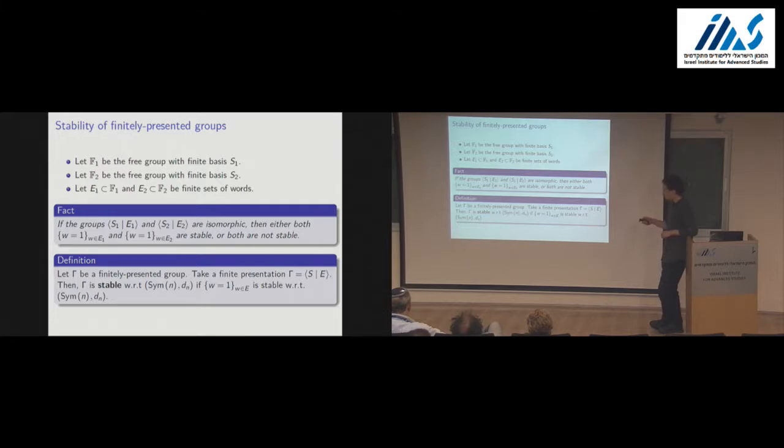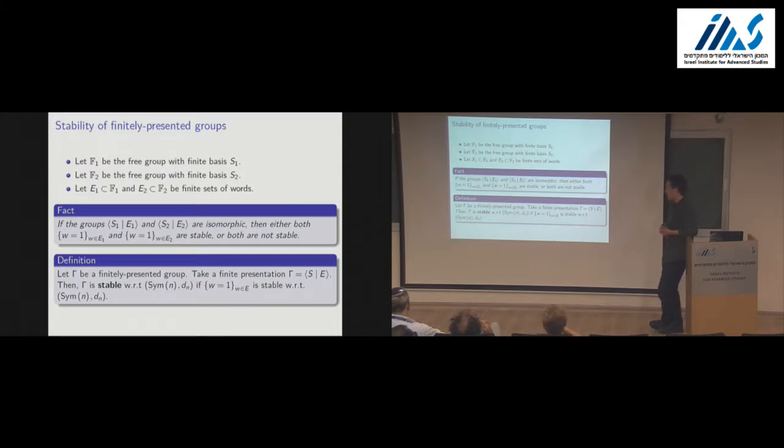Then there is an elementary fact, which I will not prove now: if the group presented by generators S1 with relations E1, and the group presented by generators S2 with relations E2 are isomorphic as abstract groups, then either both these systems are stable or both are not. So it makes sense to study them together. Somehow these two systems of equations are equivalent.